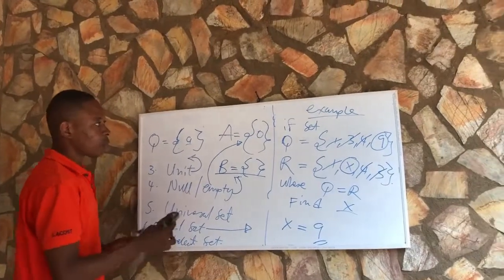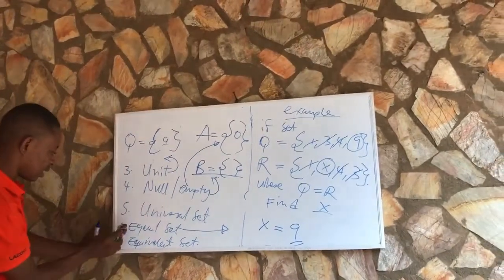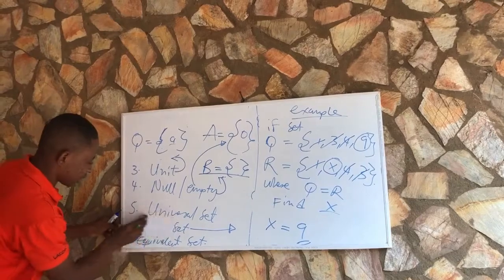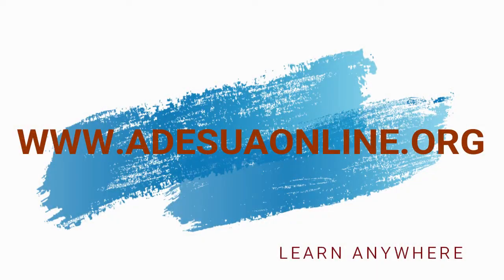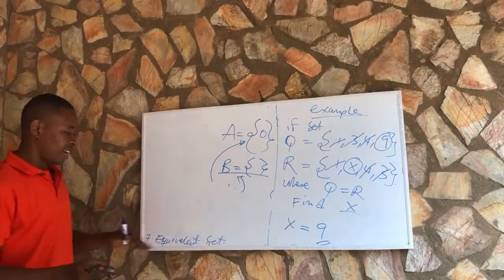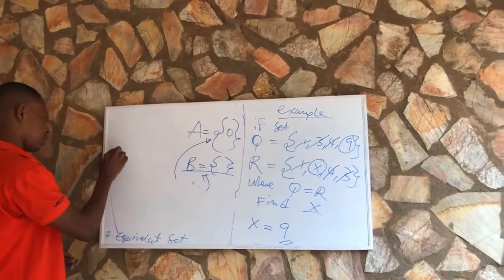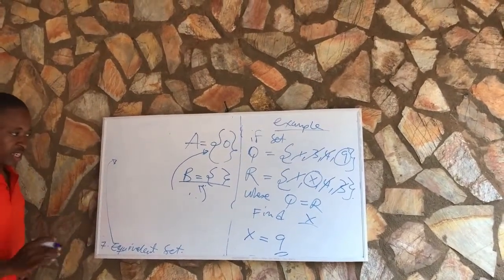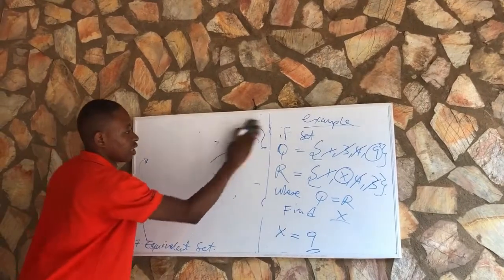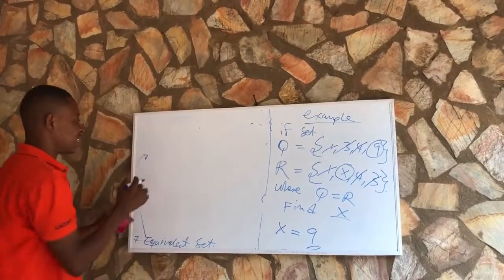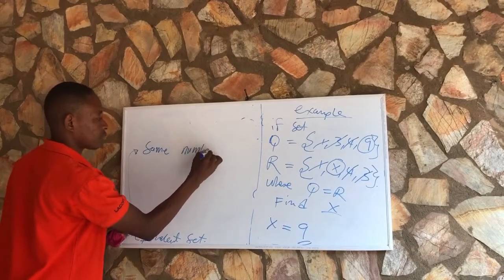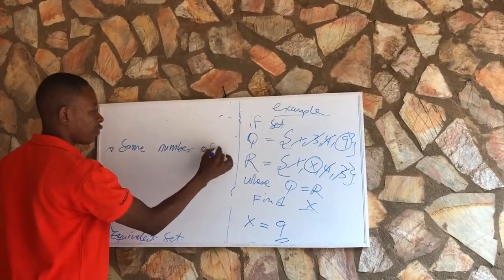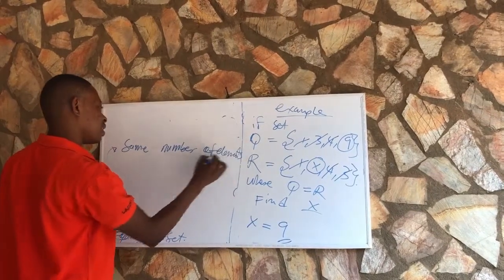Okay, so let's look at the last major type of sets. That is equivalent sets. When we say sets are equivalent, it means the sets have the same number of elements.